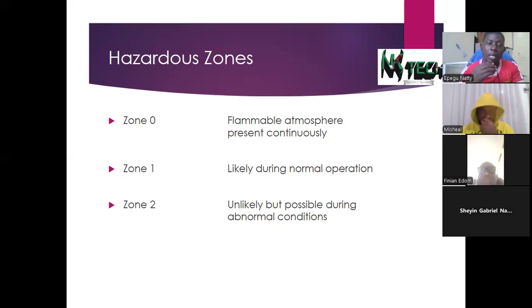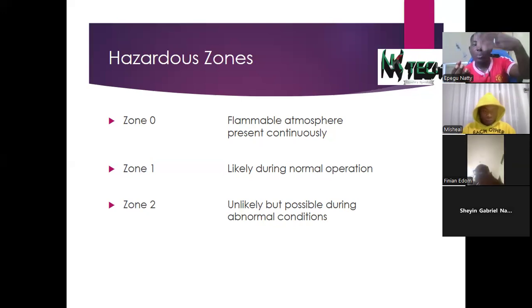Okay, and then your zone 2 are areas that can cause accidents during abnormal conditions. So where can this happen? Let's say your drains, because during abnormal conditions you need to open your drains, your vents, your PSV.